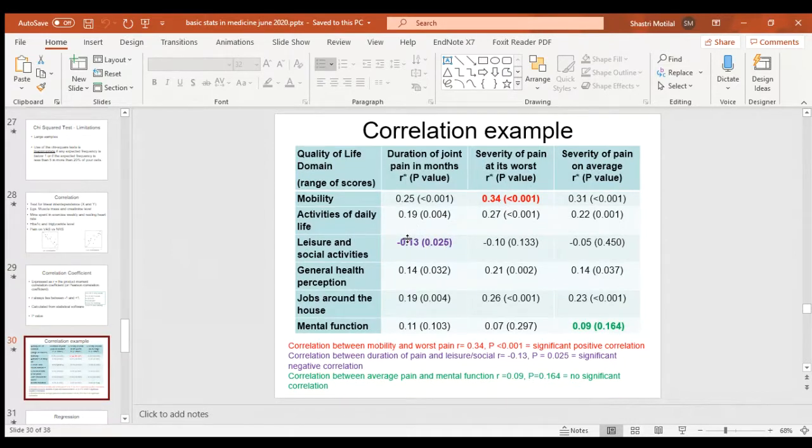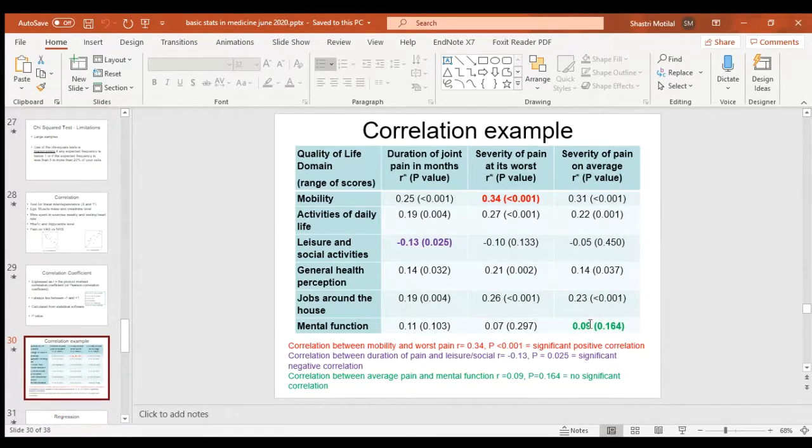But because R is negative, it means it was a negative association. That means the longer the duration of your joint pain, the less leisure and social activities you will be able to do. As one went up, the other one went down.